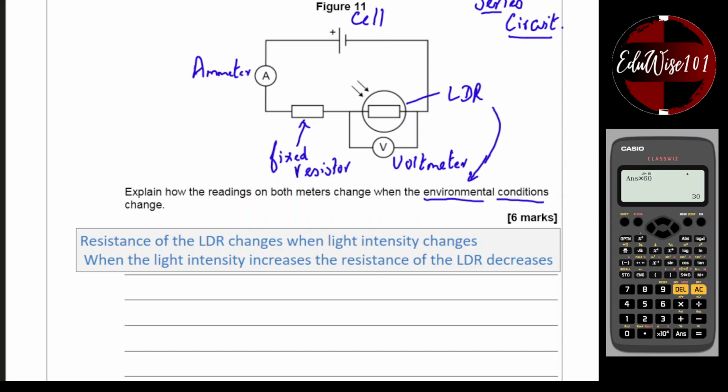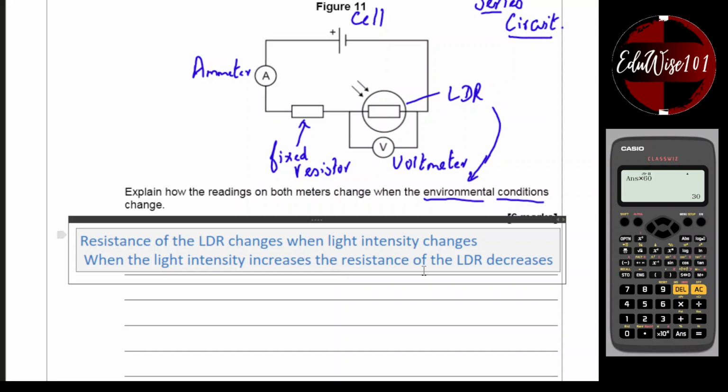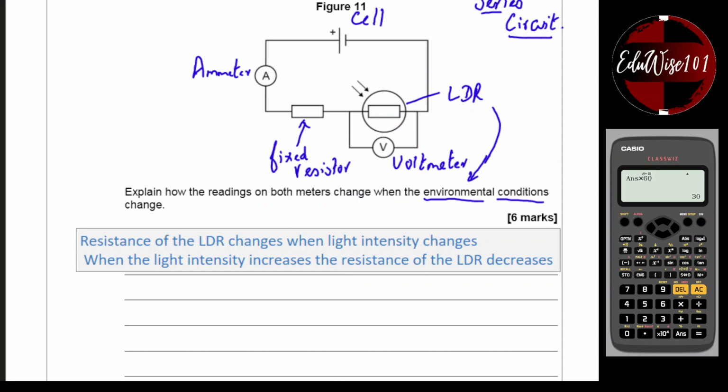Right? So when the light intensity increases and the resistance of the LDR decreases, the overall resistance of the circuit decreases. Now, remember that total resistance in the circuit, if I write RT, in a series circuit is the resistance of the fixed resistor added to the resistance of the second component, which is the LDR, right?